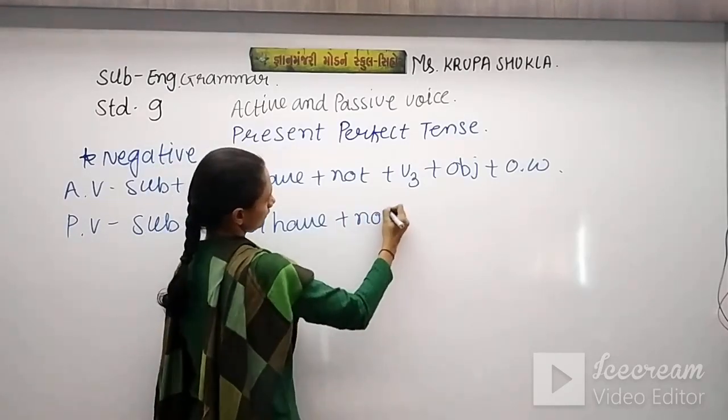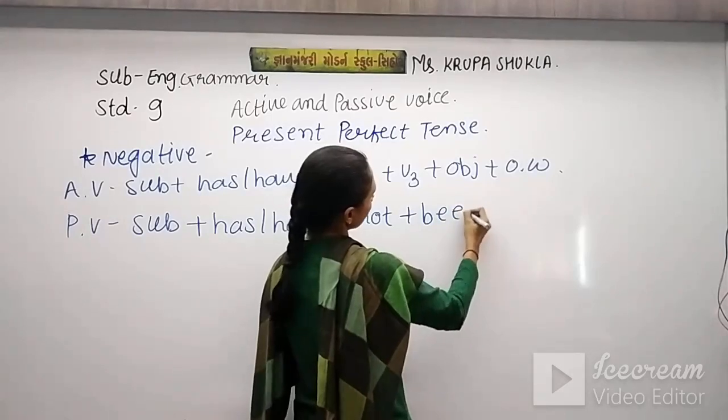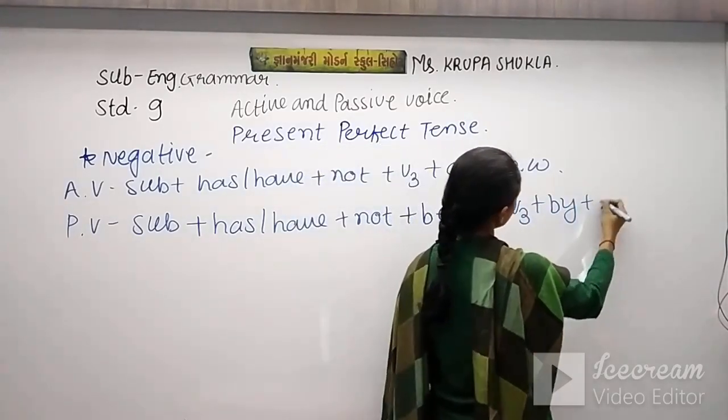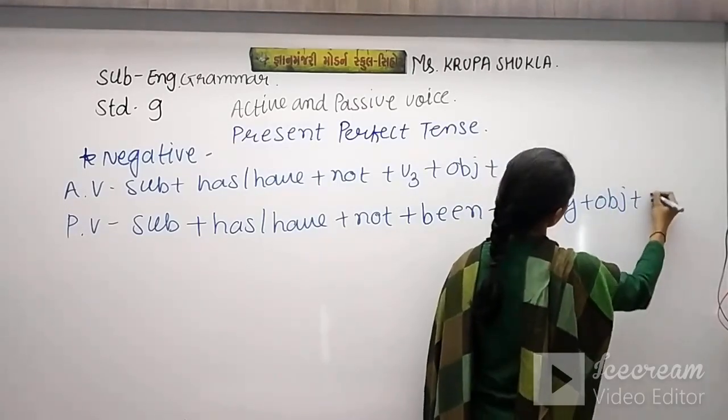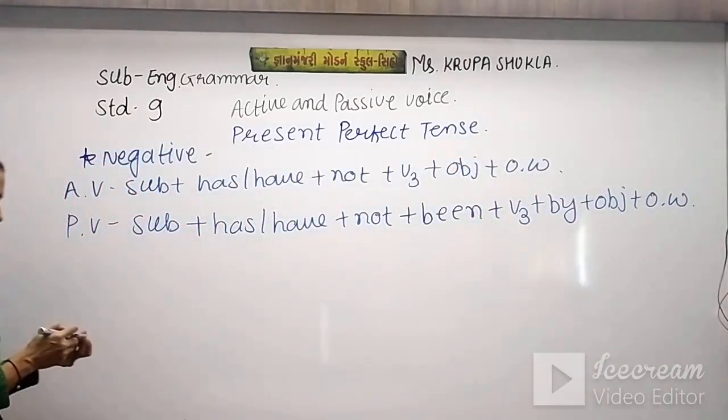After that, not is as it is, we need been, V3, by, object and other words. Okay, so now we'll make sentences.